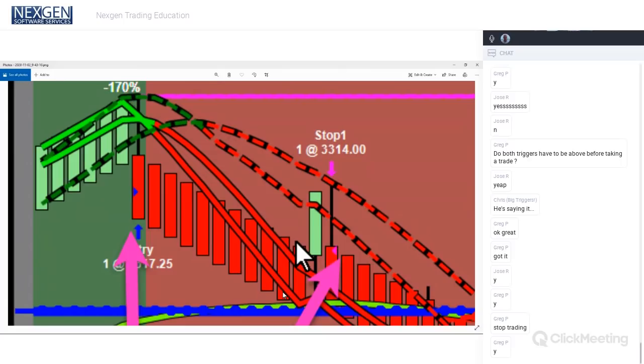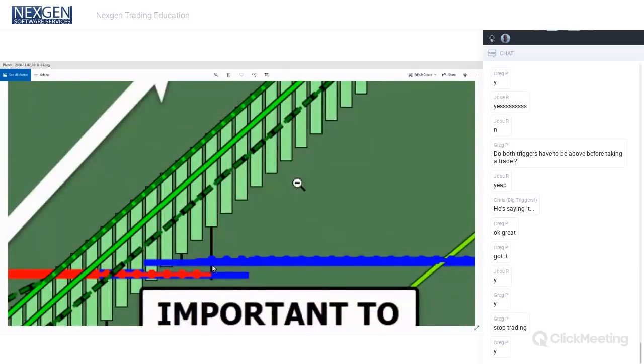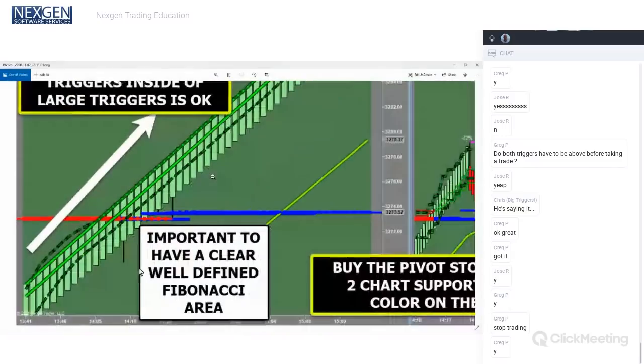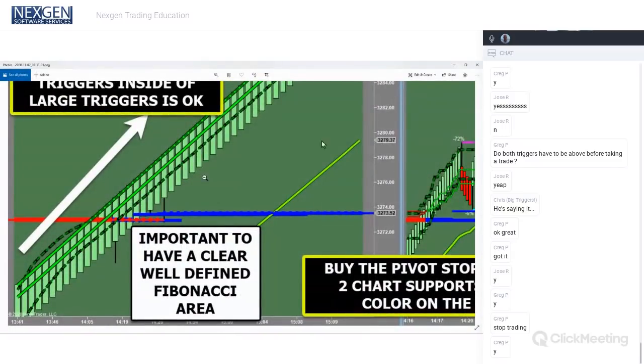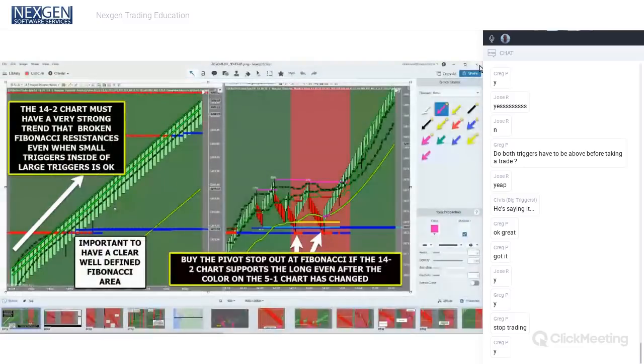So the general consensus is, if you're going to trade in a strong trend and you're going to be on the wrong side of your trigger lines, make sure you've got some friends helping you out, because if you don't have any friends, you're going to end up with this. If you're on the wrong side, you better have a lot of support and a lot of trend helping you. Otherwise, you just relax and wait until everything lines back up.